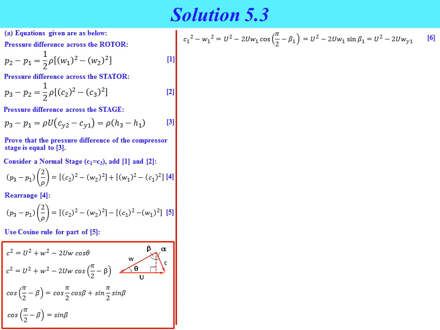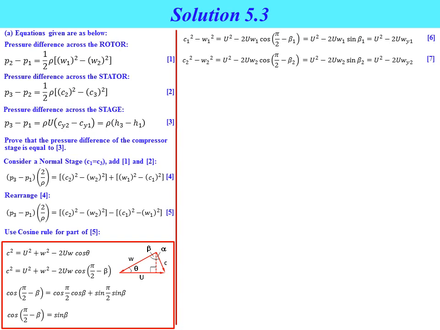The first term in equation number 5 is C1 squared minus W1 squared. Implementing the general equation we obtained just now, C1 squared minus W1 squared equals U squared minus 2UW1 cos of pi over 2 minus beta 1, which equals U squared minus 2UW1 sin beta 1, which equals U squared minus 2UWy1, represented by equation number 6.